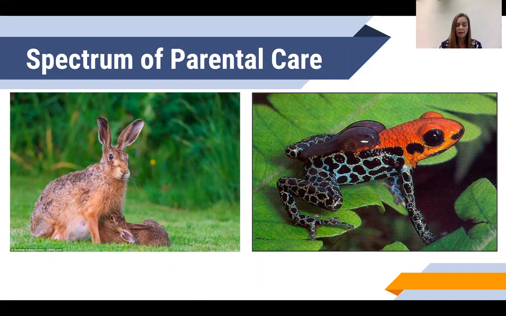It doesn't provide parental care for very long, and it does have a lot of offspring. Whereas we look at this little frog, this is one of many poison dart frogs, and it actually carries its tadpoles around on its back. And so it does provide parental care. So it's important to recognize that it's not black and white, that we need to consider the spectrum.